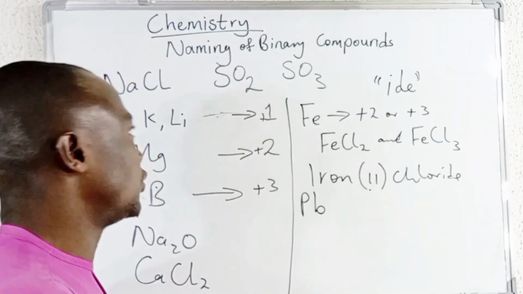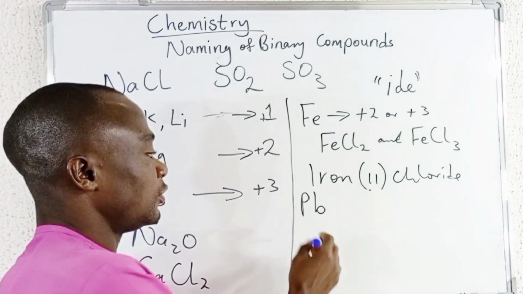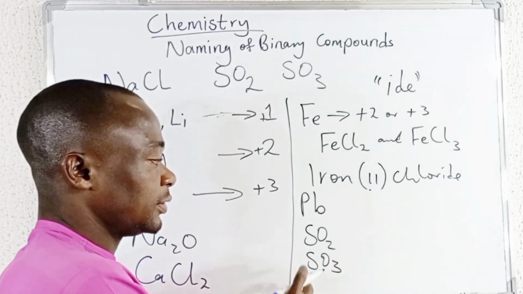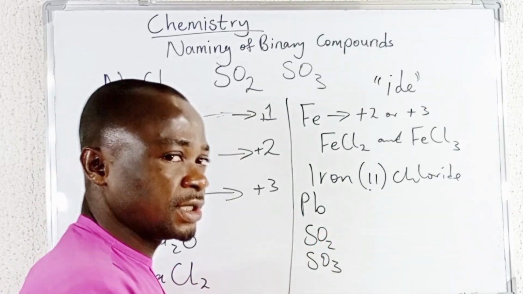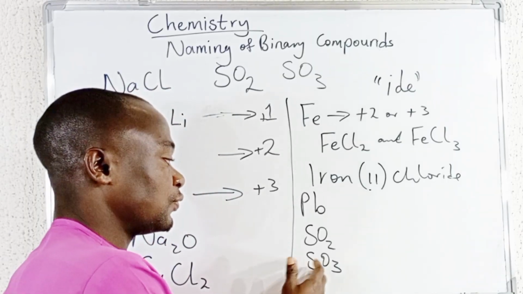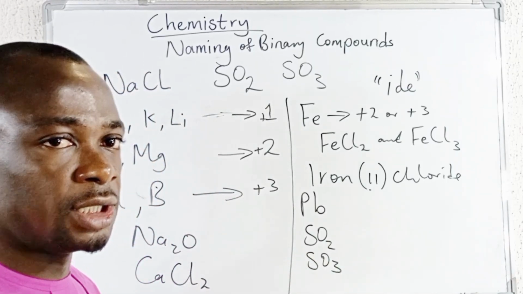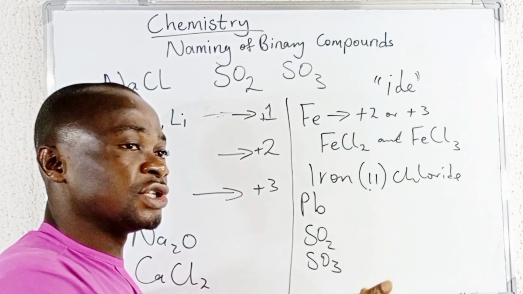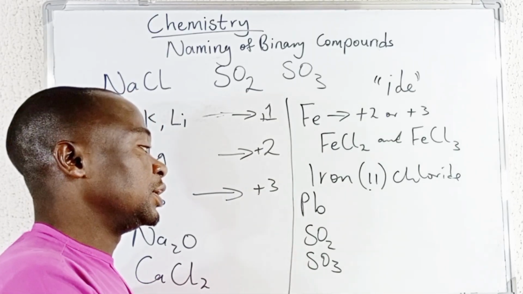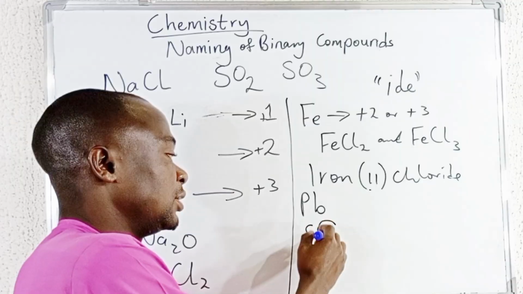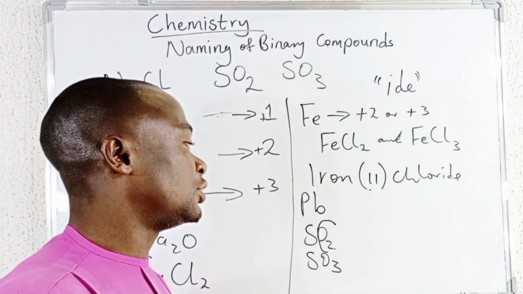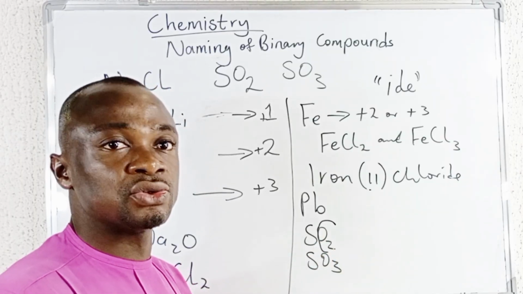Tin, even something like sulfur SO2 and SO3. This is sulfur 4 oxide, while this one is sulfur 6 oxide. I know the 4 and 6 is confusing. How you get the oxidation number of sulfur is we have two atoms of oxygen here, and the oxidation number of oxygen is minus 2.